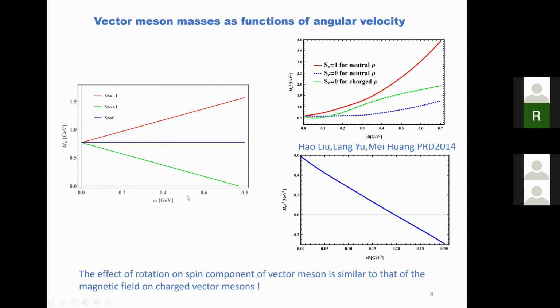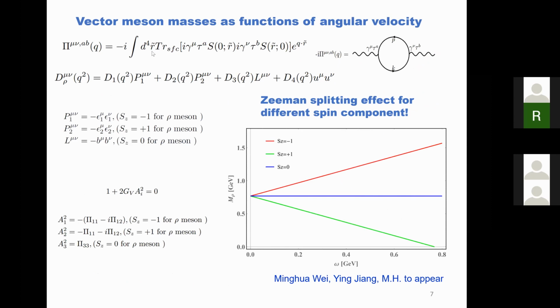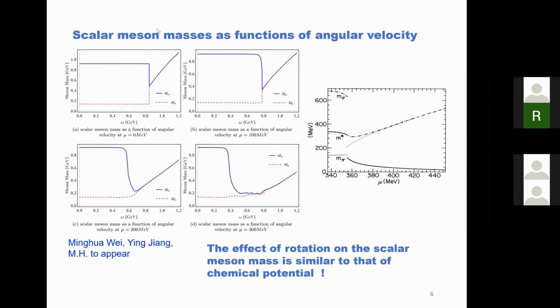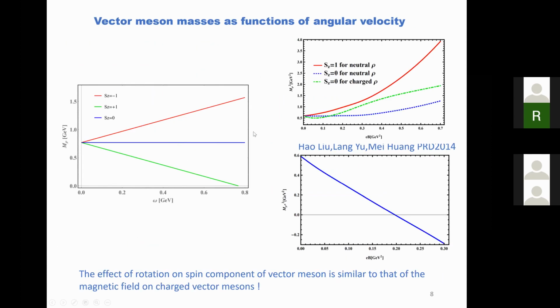So this behavior itself is very interesting. Basically, I just want to point out that the rotation effect on scalar mesons is very similar to the chemical potential, but the effect of rotation on vector mesons is actually very similar to the magnetic field on the charged vector mesons.